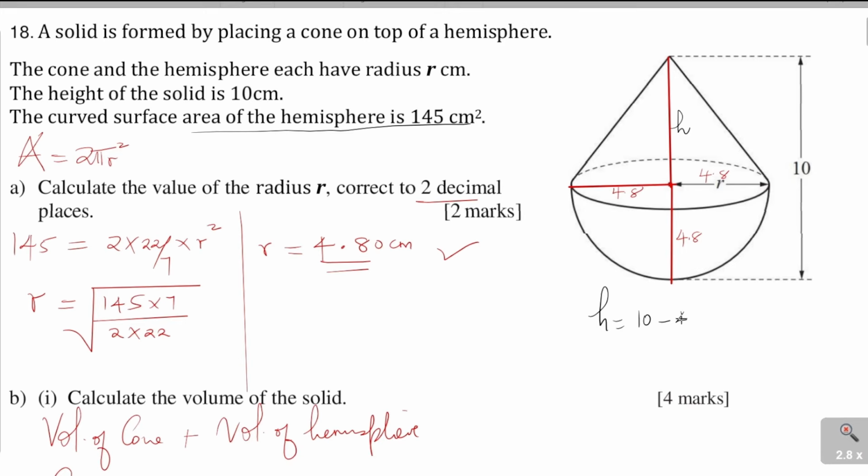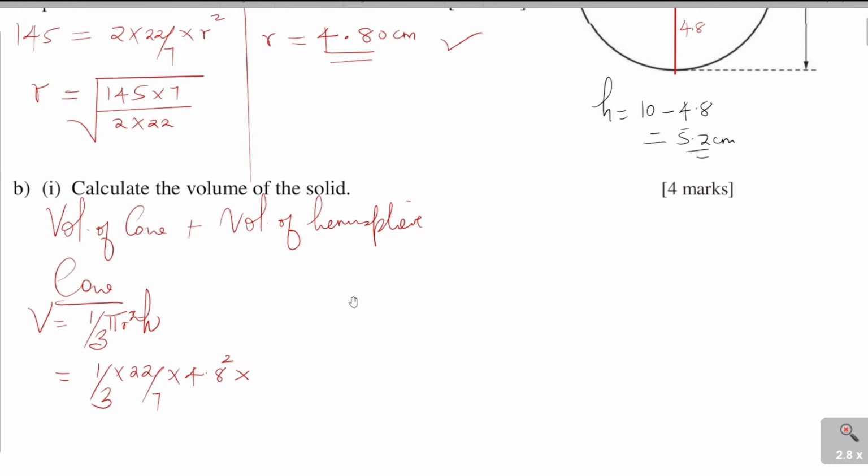So height will be given by 10 subtract 4.8 centimeters. Because you take the whole height of the solid, and then you subtract the radius. So 10 subtract 4.8 gives 5.2 centimeters. So now we multiply by 5.2, and you work this out to get the volume of the cone.